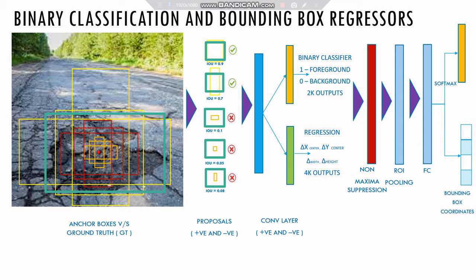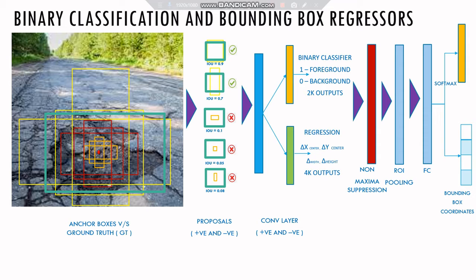So it's based on those IOU scores which were generated, and these IOU scores were called the objectness score. Anything with a larger IOU was positive, and you also had those proposals with an IOU lower than 0.3.